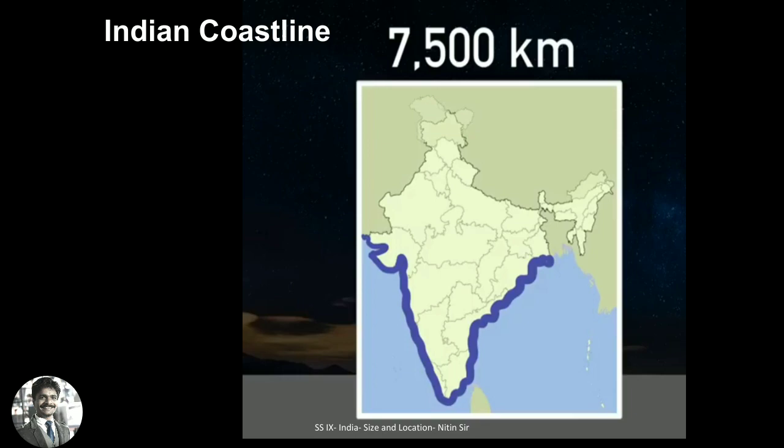This coastline stretches across Gujarat, Maharashtra, Goa, Karnataka, Kerala, Tamil Nadu, Andhra Pradesh, Odisha, and West Bengal. These are the states which share their borders with this coastline, including the Arabian Sea in the west, the Indian Ocean in the south, and the Bay of Bengal in the east.